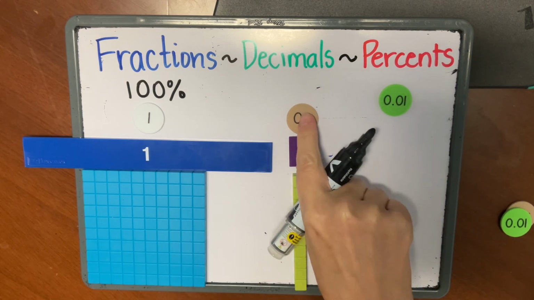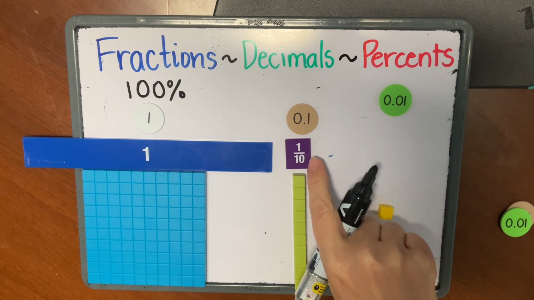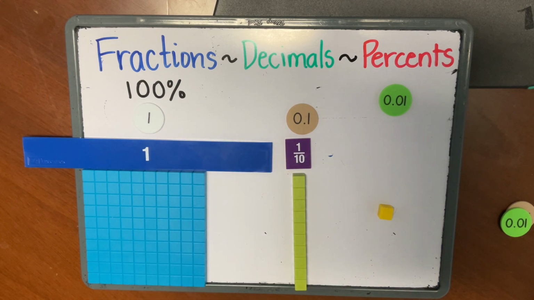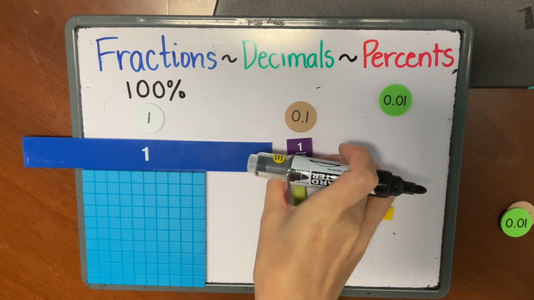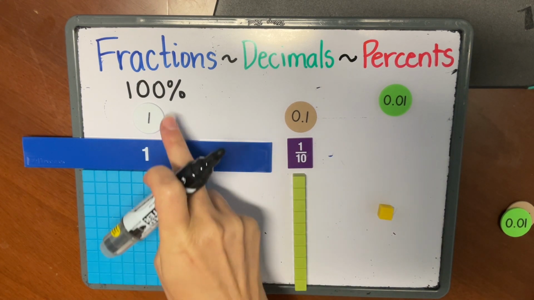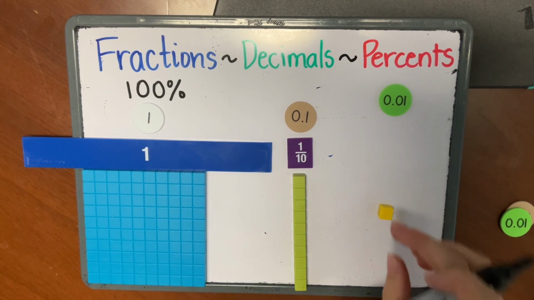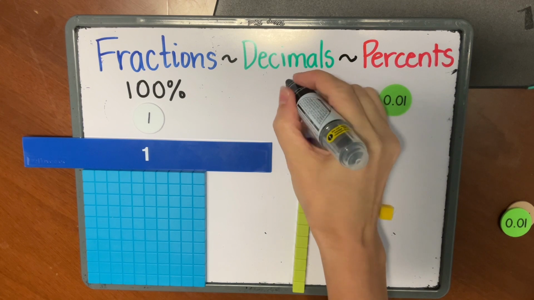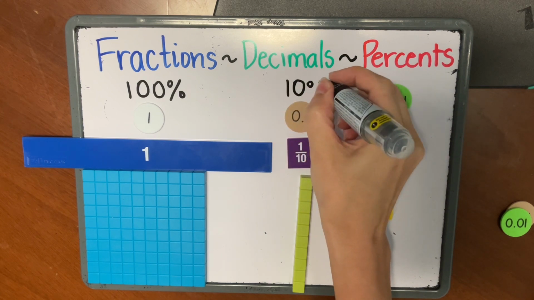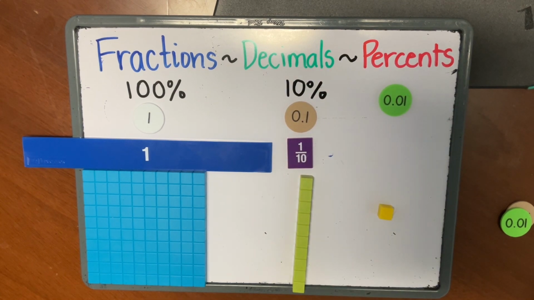If I have 1/10, what percent would that be? Well, 1/10 of a whole is this much. Well, 1/10 of 100, what was that? 1/10 of 100 is 10. So it is 10%.